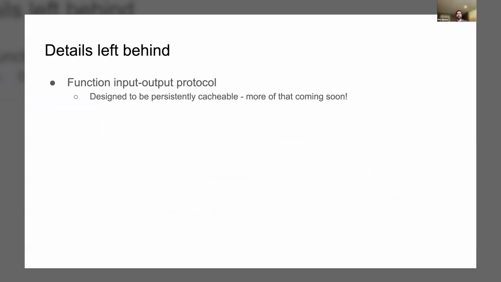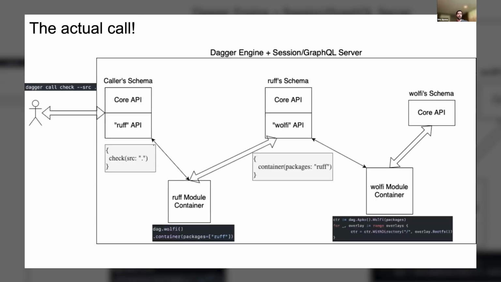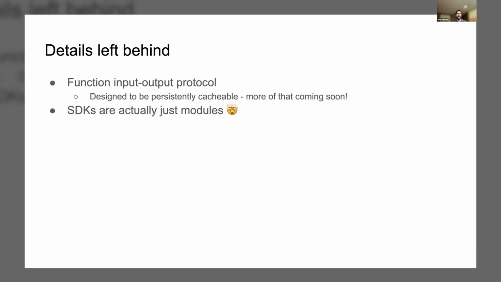But we have plans to pretty soon be able to basically cache everything. So when you're making these calls right now, a lot of the setup is cached, but the actual invocation of these containers isn't always necessarily cached. But we're going to change that and make that something that is super easy to configure for users.